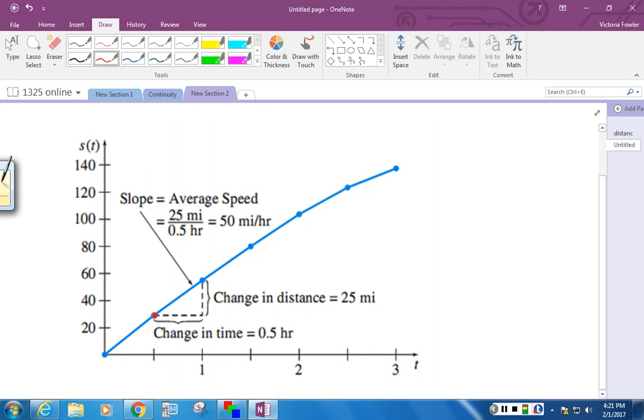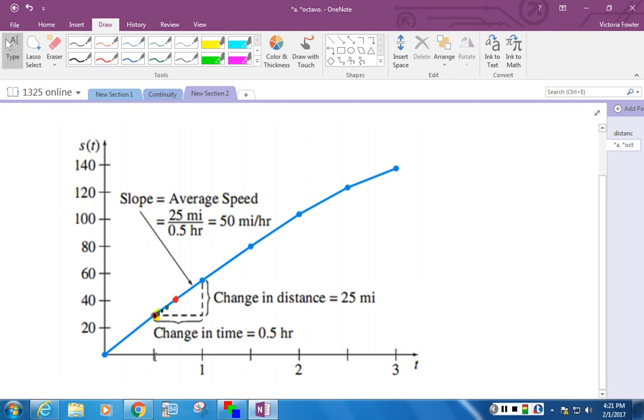If I want to find the average speed between an interval, let's say like this, and then I want to find the average speed between this interval, and then maybe the average speed between this interval, and if I can change the color one more time, the average speed between these two little yellow dots, what I'm doing is I'm minimizing the time frame, right?